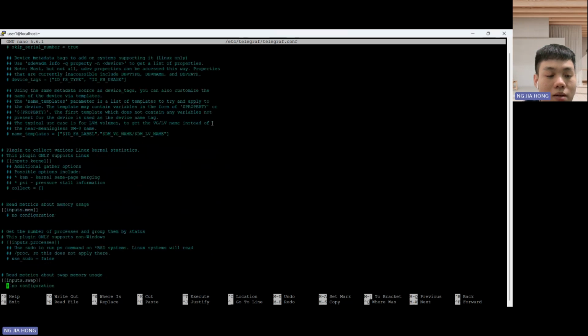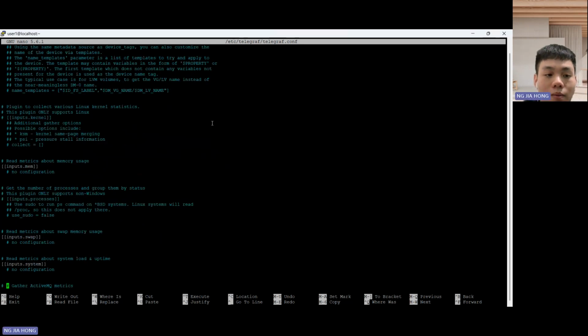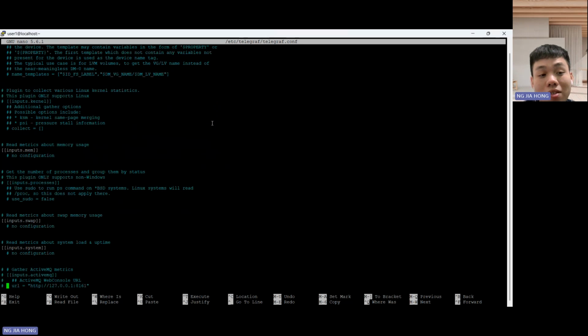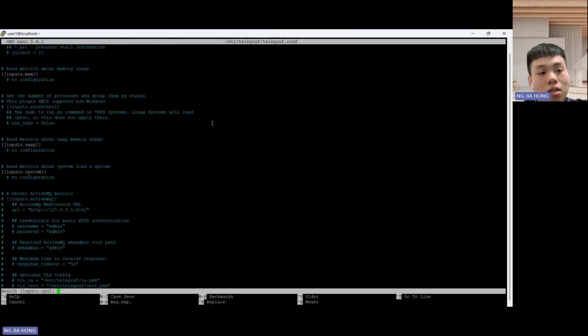After that will be the inputs.mem, where it will be reading the metrics about the system memory usage. The inputs.swap, which will be reading the metrics about the swap memory usage. Inputs.system, where it will read the metrics about the system load and uptime. And also the inputs.net.